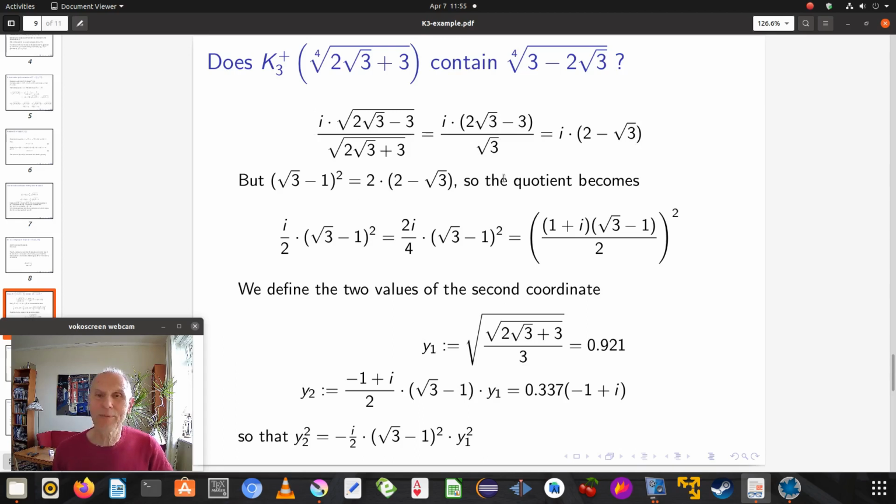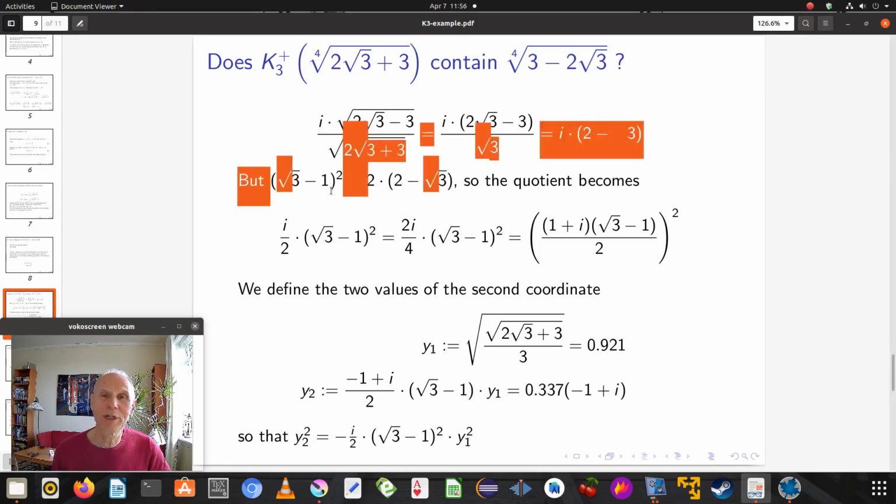And you see, if you have been working with number theory, then the integers extended with square root 3 have a unit, square root 3 minus 1, and this is actually a square of that unit. Oh, there's a factor 2 as well, okay. So we can write it as 1/2 times square root 3 minus 1 squared.